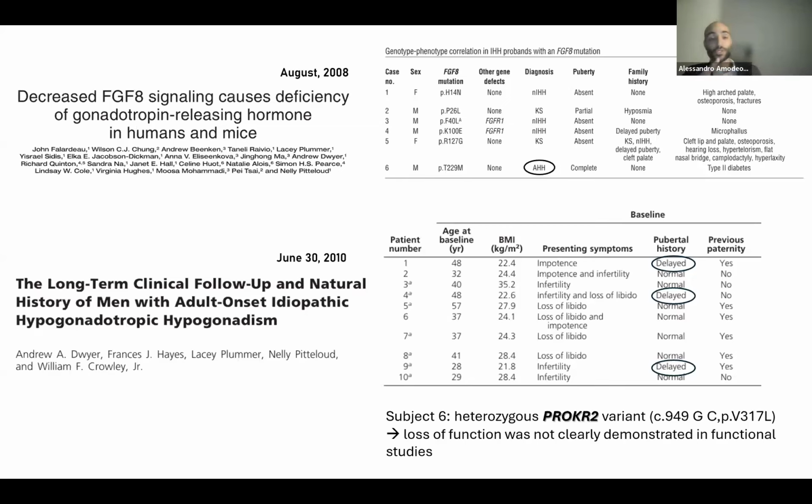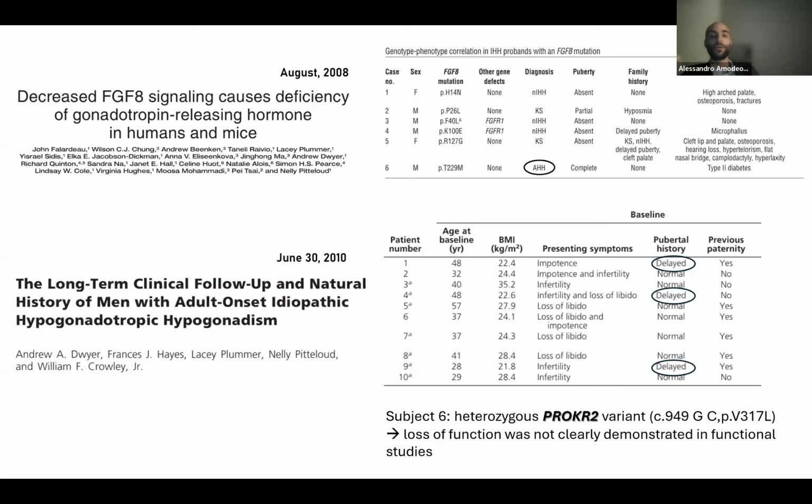The same authors 2 years later described the natural history of 10 men with adult onset idiopathic hypogonadotropic hypogonadism, and they found a personal history of delayed puberty in 3 of them. In one of them, subject 6, they found a heterozygous variant of PROKR2, a gene associated with CHH, even if a loss of function of this variant was not clearly demonstrated in functional studies.